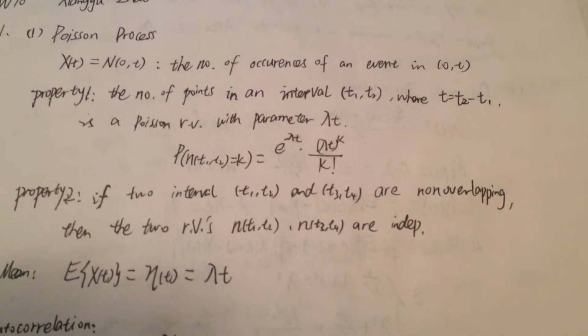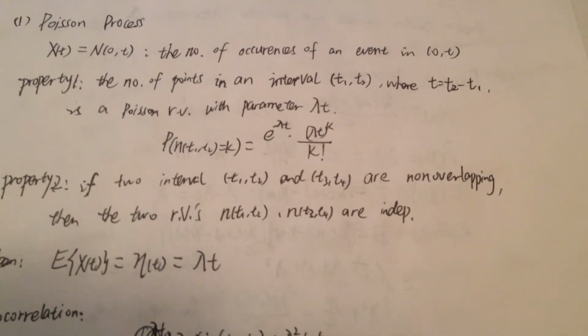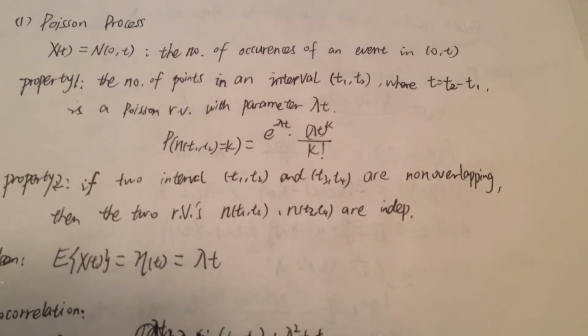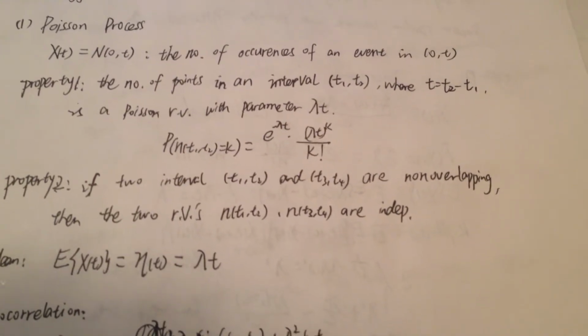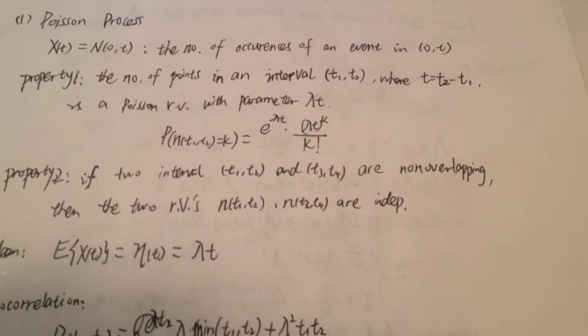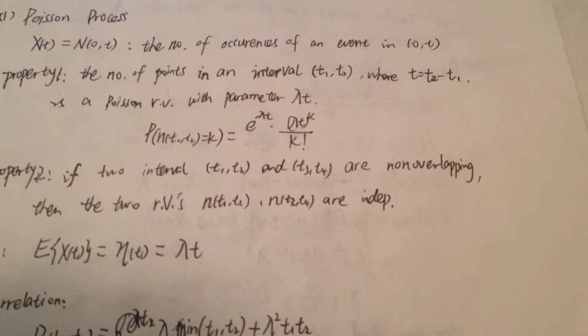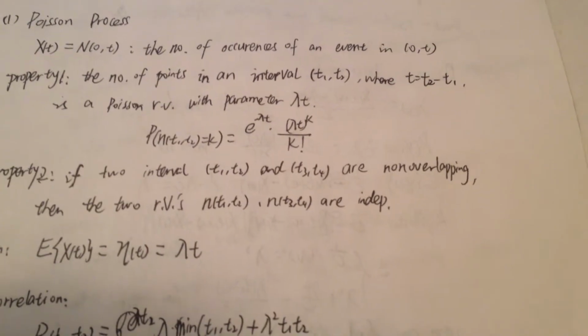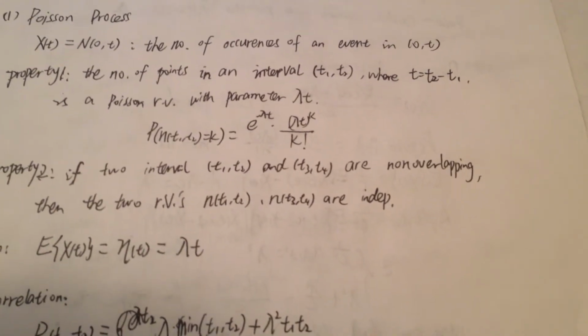The second property is if two intervals t1, t2 and t3, t4 are non-overlapping, then the two random variables n(t1, t2) and n(t3, t4) are independent.